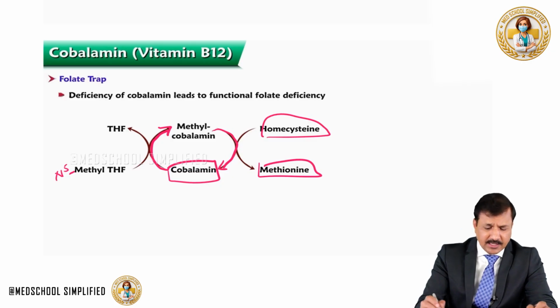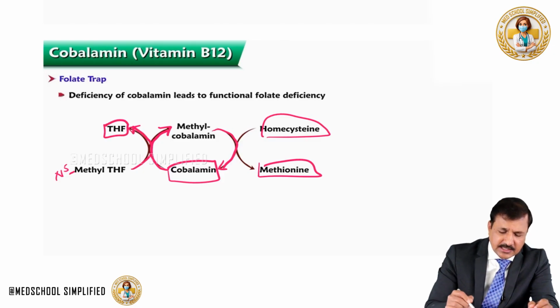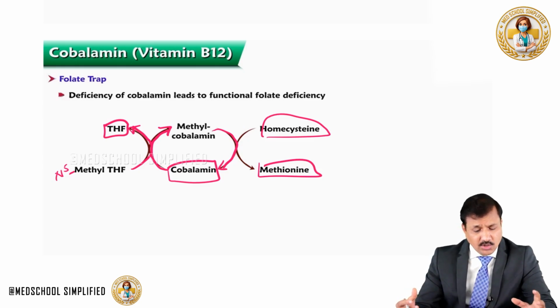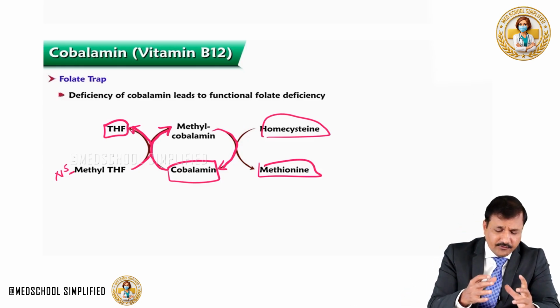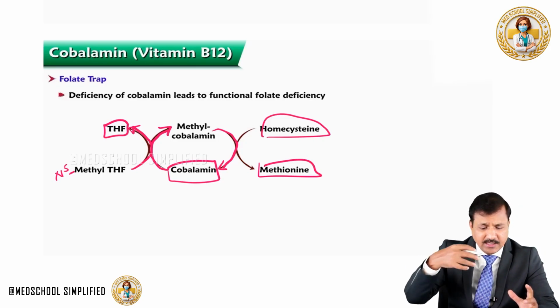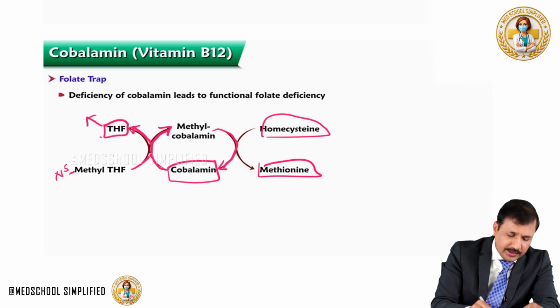This N5-methyl tetrahydrofolate gives its methyl group and is converted back into tetrahydrofolate, while cobalamin is converted into methylcobalamin. So the methyl tetrahydrofolate here is converted back into tetrahydrofolate. It's like freeing a tetrahydrofolate.